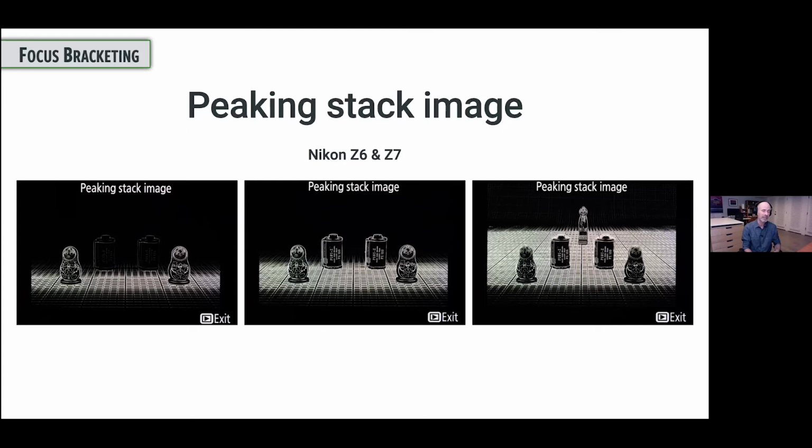So you could see in the field whether you were doing a good job at judging how many shots you needed, how much depth of field was set, is there enough images going from front to back? And why this is not included on the latest generation of Nikon Z cameras, I don't know. There is no other company that has this. It's just a quirk in time that they did this and now they took it off. So if you happen to own one of those two cameras, it's a little bonus for you.